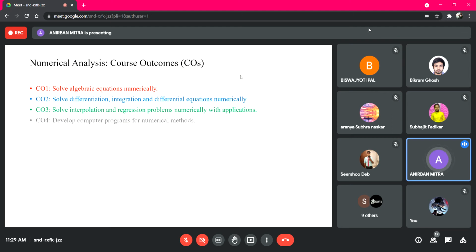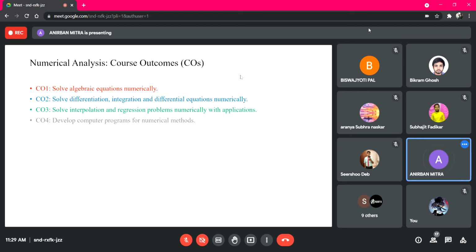So the approach we will follow in this course is that, first of all, the basics of the theory about the numerical method would be discussed through presentation or some given material.